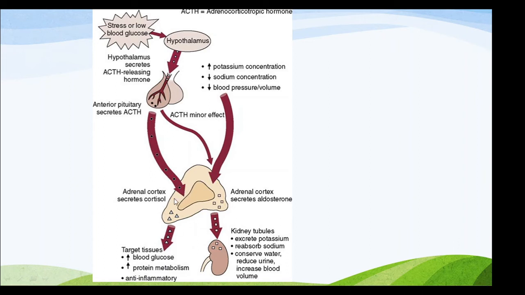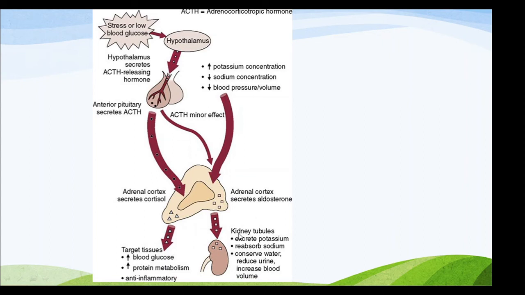The cortisol and the aldosterone are important for two factors. Cortisol increases blood glucose concentration, increases protein metabolism, and is anti-inflammatory in the system.